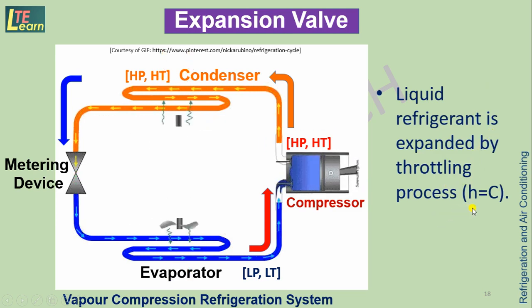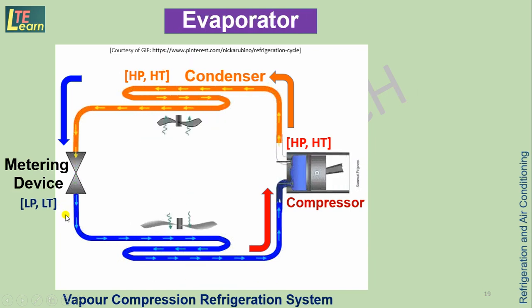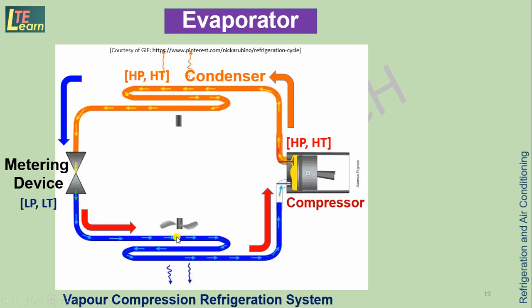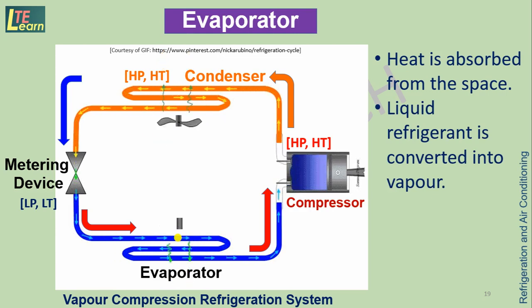In this process, enthalpy of the refrigerant is remaining constant and its temperature and pressure is reduced to a very low level. So from the metering device, low pressure and low temperature, very cold liquid refrigerant comes to the evaporator space, then heat is absorbed by the refrigerant from the evaporator space, and this liquid refrigerant is converted into vapor.